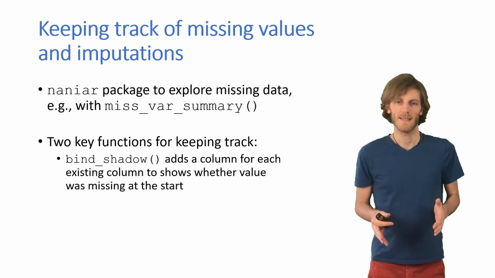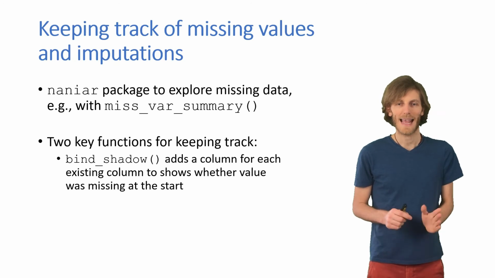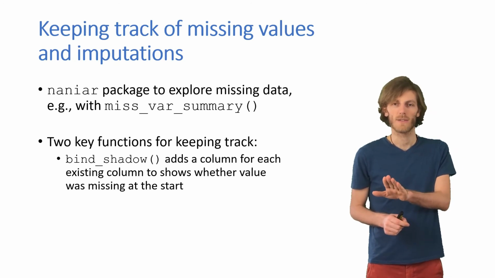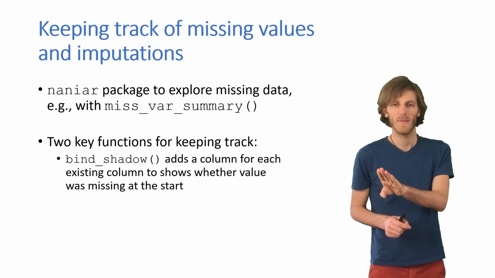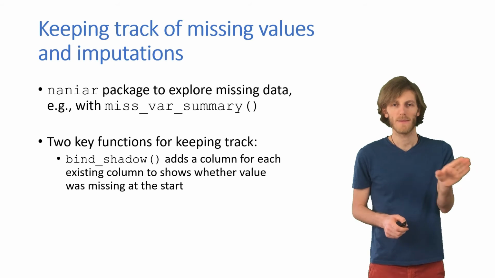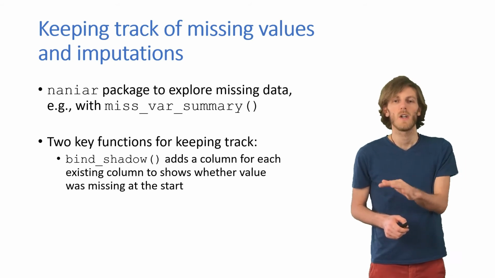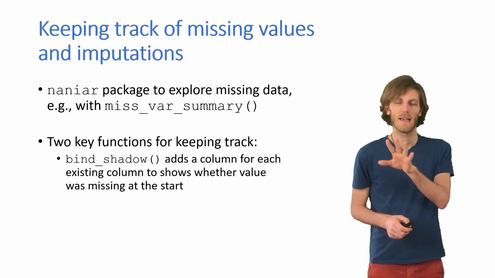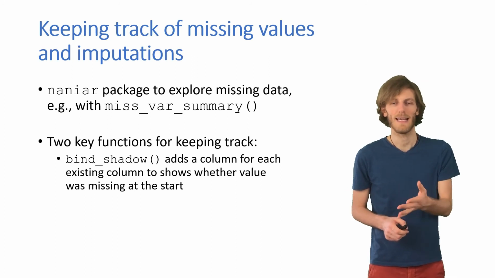What that does is, it takes each of our columns and adds an additional column that just shows whether the value is missing or not. So if we have a data set with 5 columns that each have missing variables, we now get a data set with 10 columns, the 5 initial ones and 5 new ones, basically a dummy variable indicating missingness.